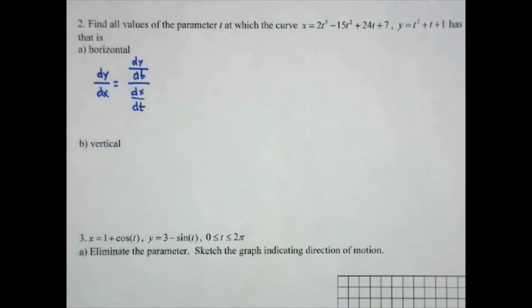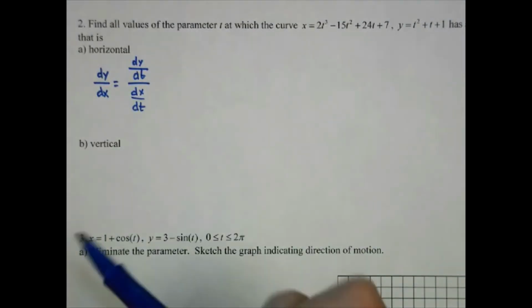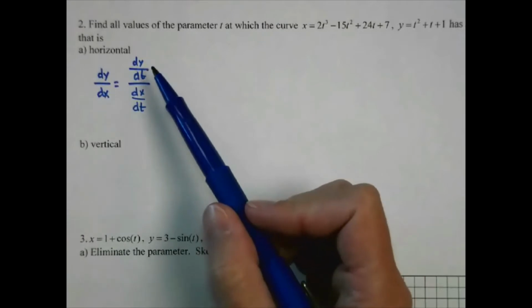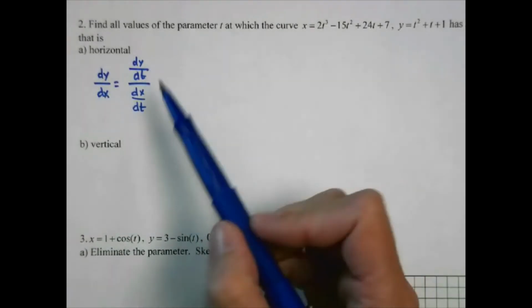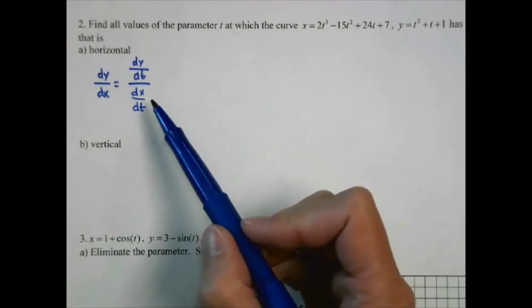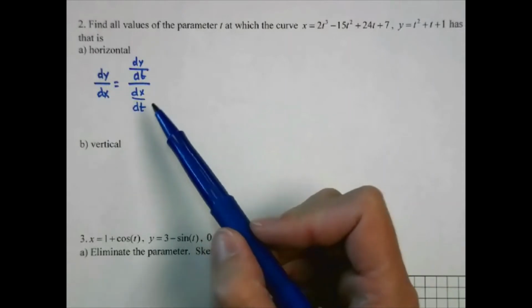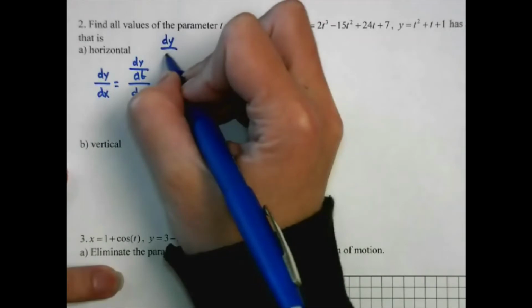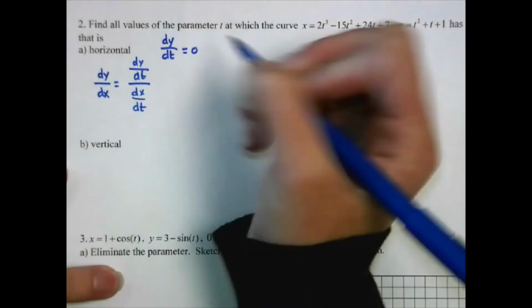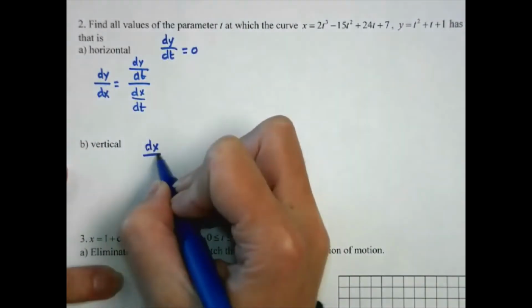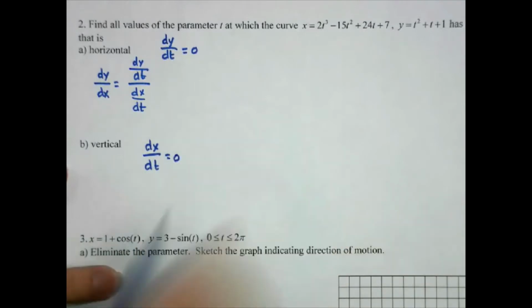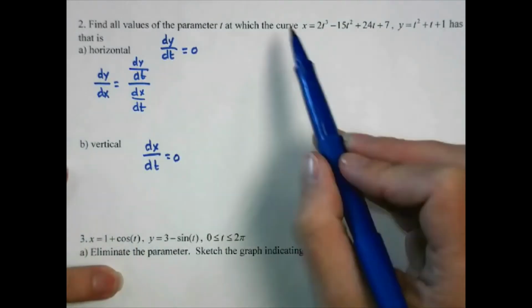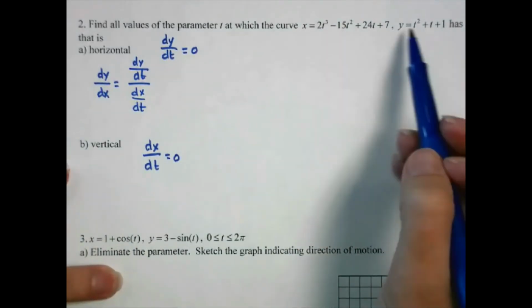For each of these, just like any slope since Algebra 1, if the numerator of the slope is 0, we have a horizontal line. If the denominator is 0, then we have a vertical line. So for this, we need dy/dt to equal 0. Here we want dx/dt to equal 0. We're just going to deal with each of these equations separately.